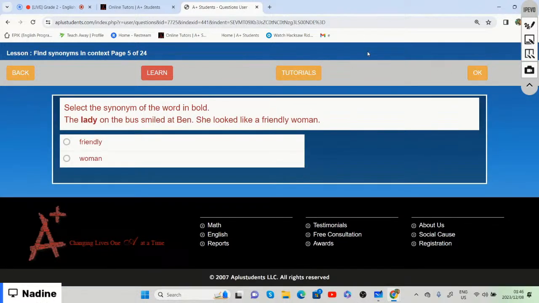All right, so that is basically some synonyms. We said synonyms either have the same meaning or almost the same meaning of a specific word. So they are different words, but the meanings are either the same or almost the same.